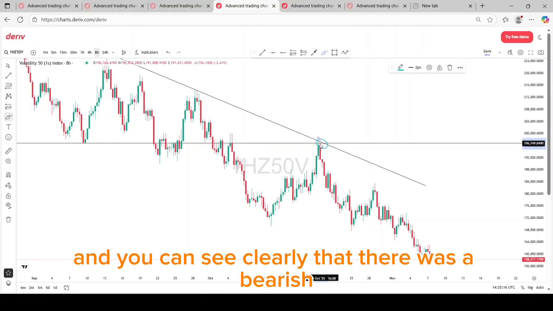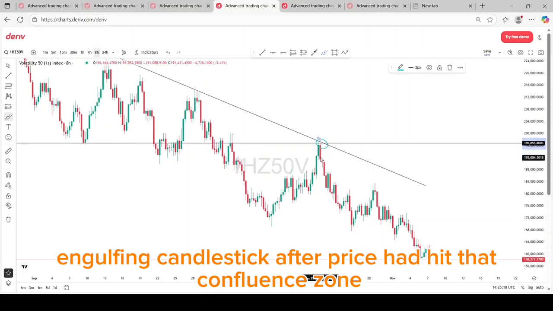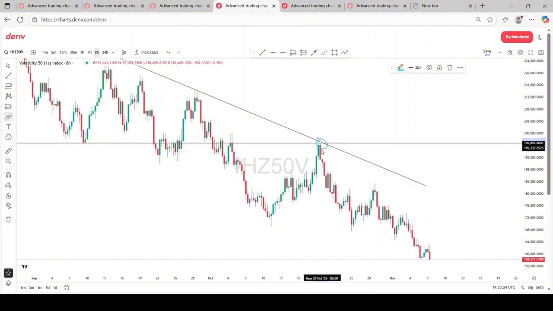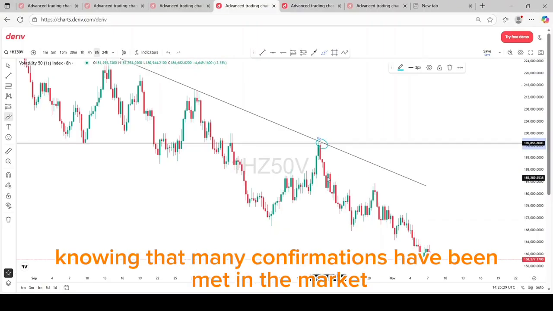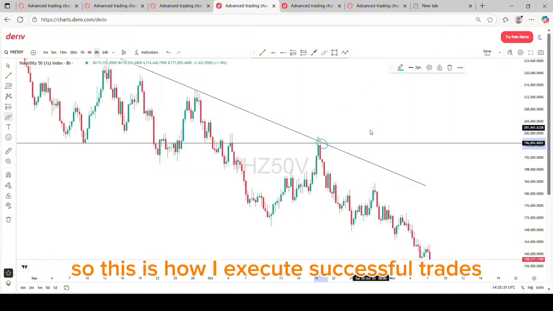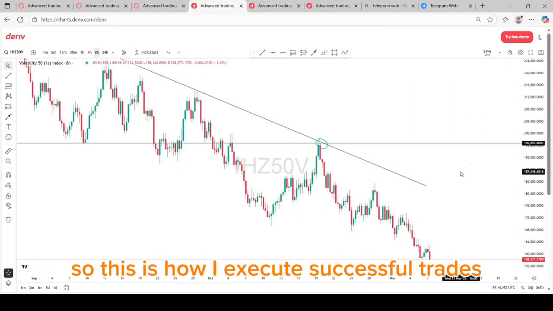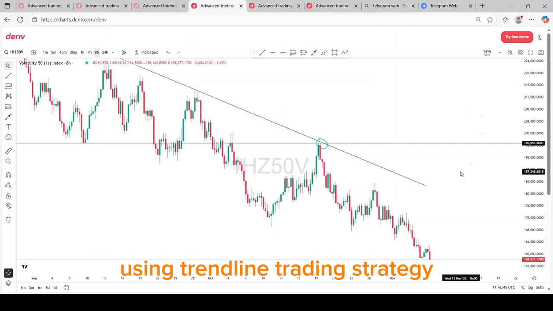And you can see clearly that there was a bearish engulfing candlestick after price had hit that confluence zone. So this would have been a sign for me to short the market, knowing that many confirmations have been met in the market. So this is how I execute successful trades using trendline trading strategy.